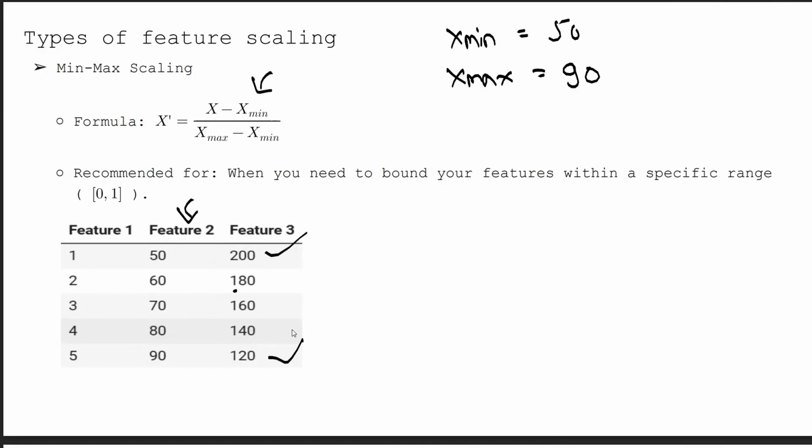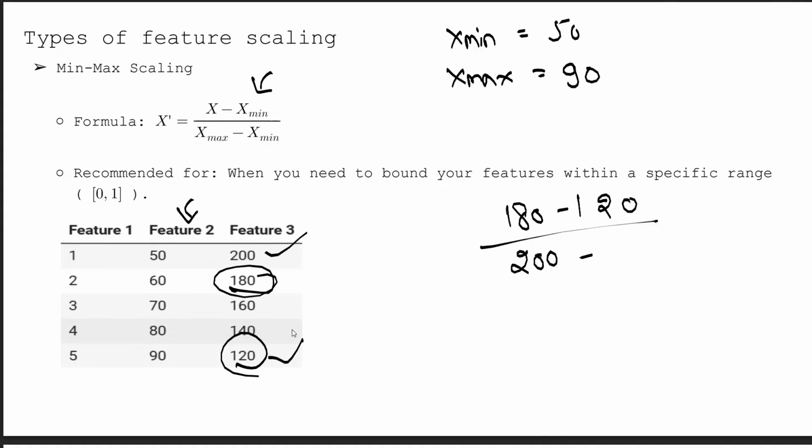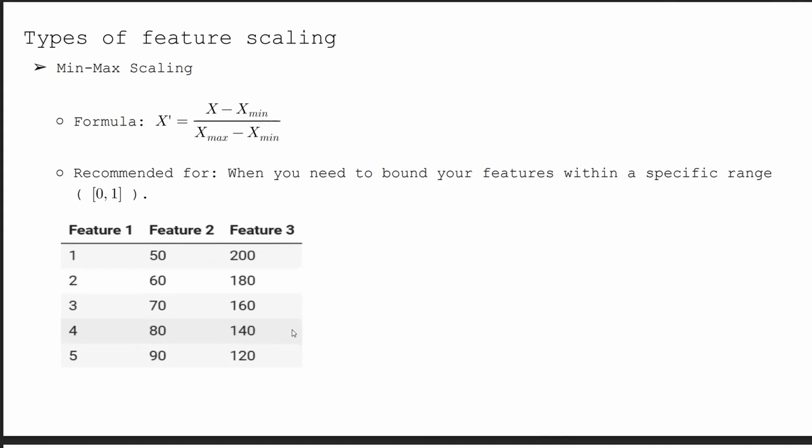If you are doing the transformation for this value in the feature 3, then it would be 180 minus the minimum value that was 120, so 180 minus 120 divided by the maximum value that was 200 minus the minimum value that was 120. That would be the new, transformed value for this 180 in the feature 3. And that's how we can do it for the other values also.